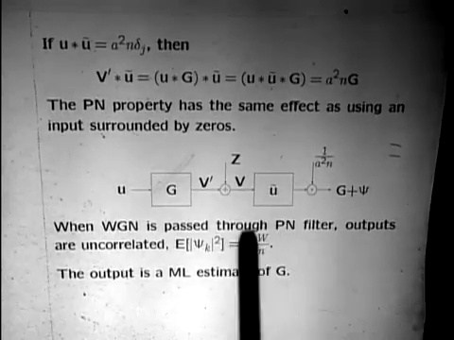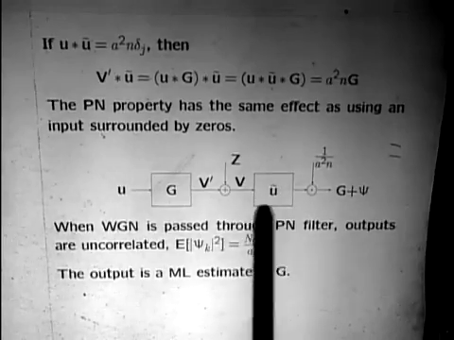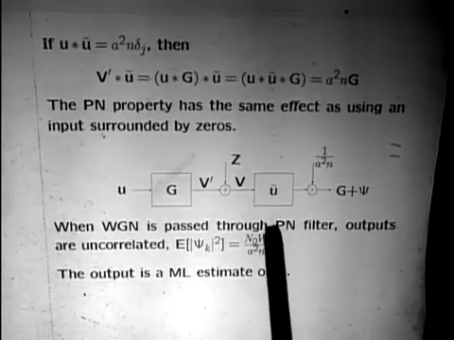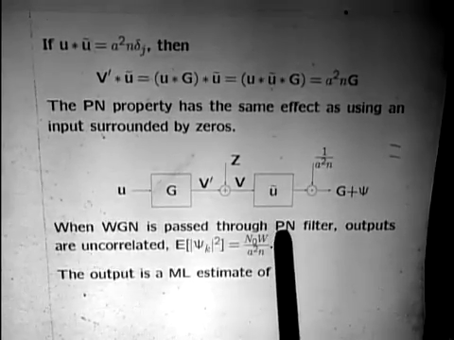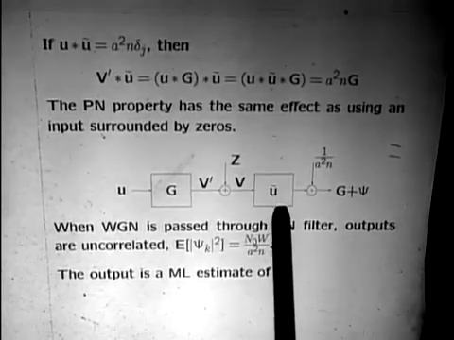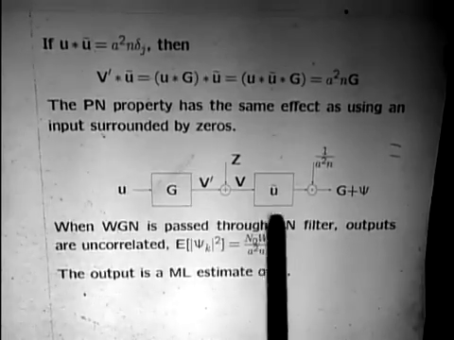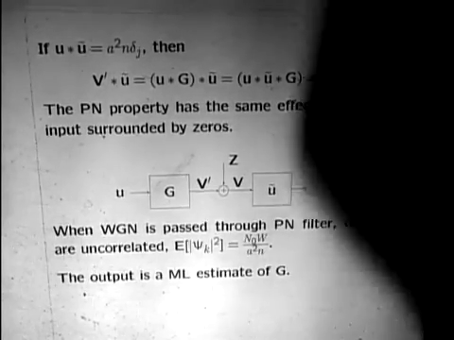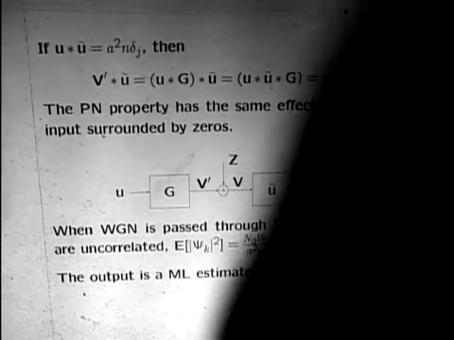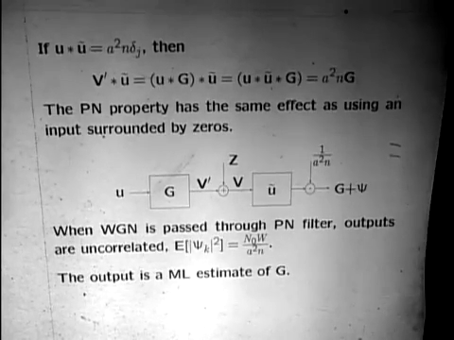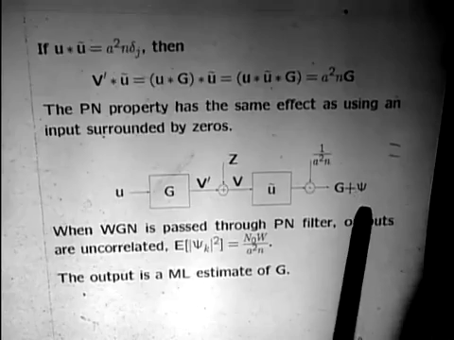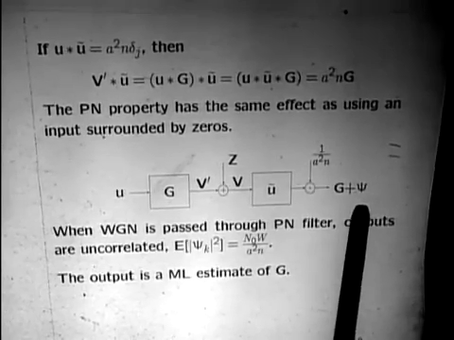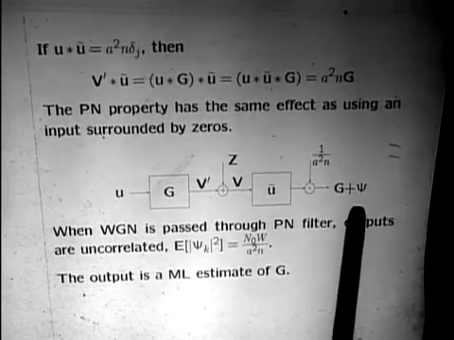If you now look at what happens when you take Z and send it through this filter, and you find the covariance matrix for Z passed through this filter, what that independence gives you is the correlation function is just all diagonal, all terms all the same, which says that all of these terms in this vector here are white Gaussian noise variables.